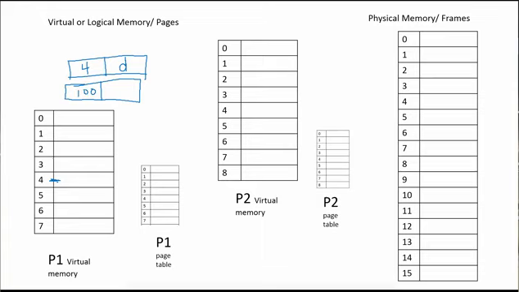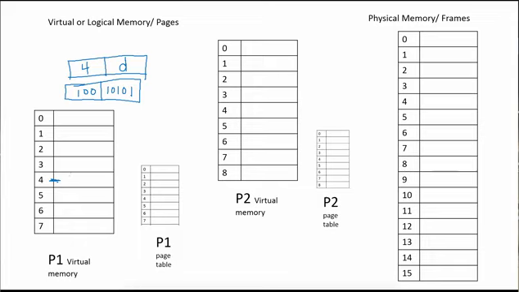And let's just say, for example, we'll keep it like we had before, that we have 32 byte size pages, so that I would need 5 bits for that. So this would be the offset.